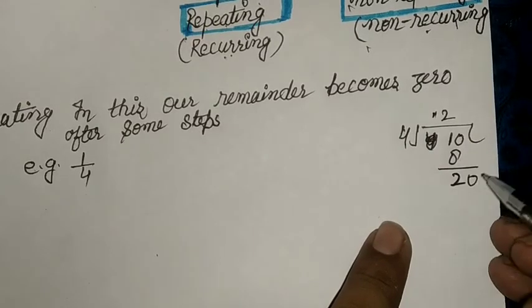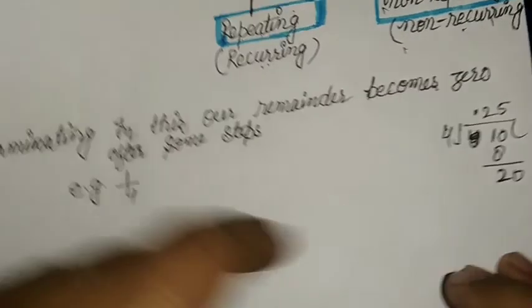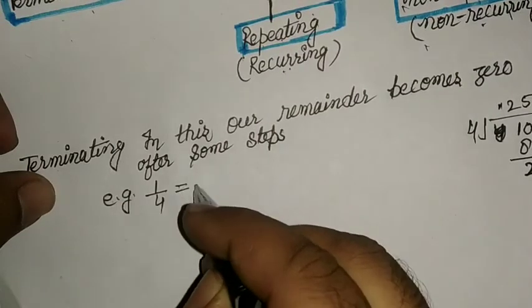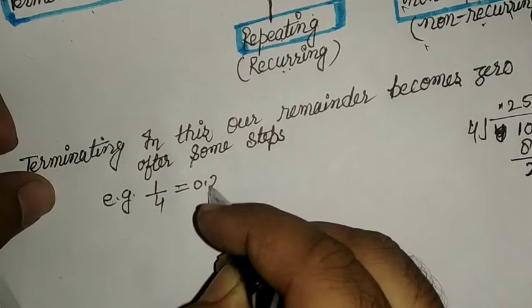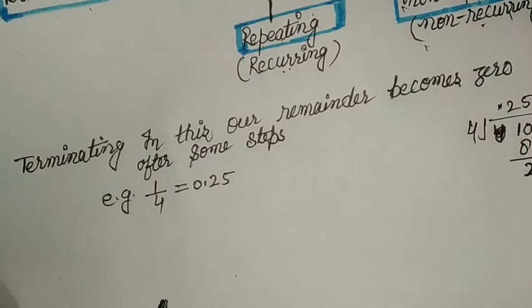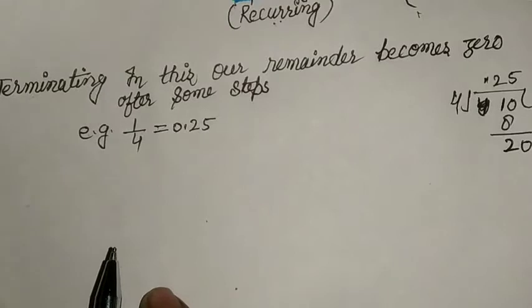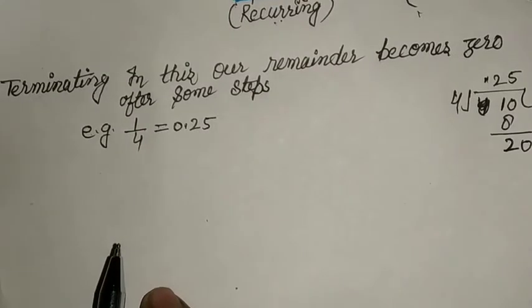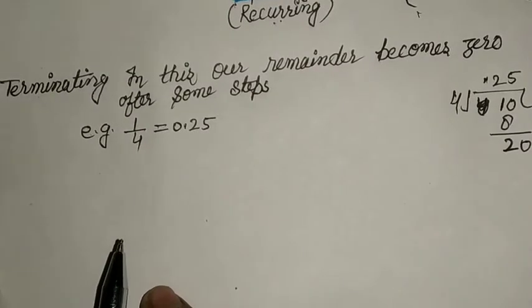Again we put 0 here. 4 fives are 20. So you can see it is completely divisible. We will get 0.25. The remainder becomes zero after some step.